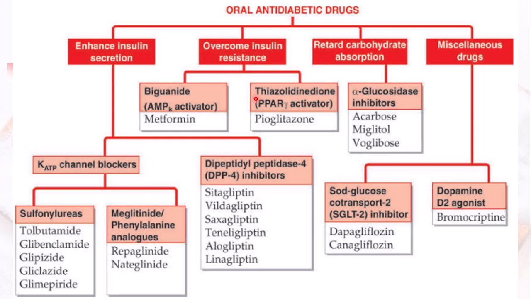They have different functions in different organs, for example the liver, the muscles, and adipose tissue. In the liver, they decrease the glucose output. Then in the muscle, they increase glucose uptake.